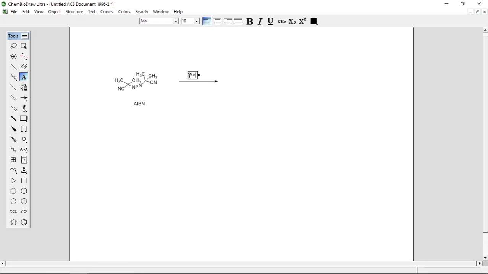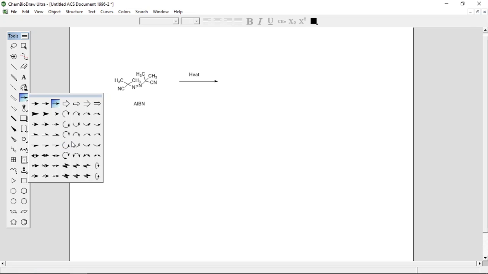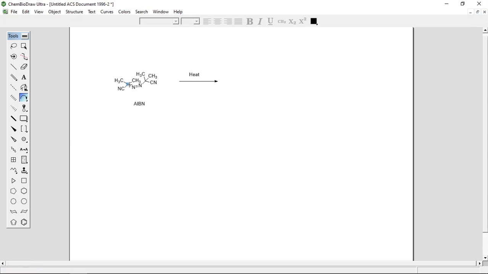So we are heating this molecule, and homolysis of this molecule takes place. Here we are using a single-headed arrow for homolysis.